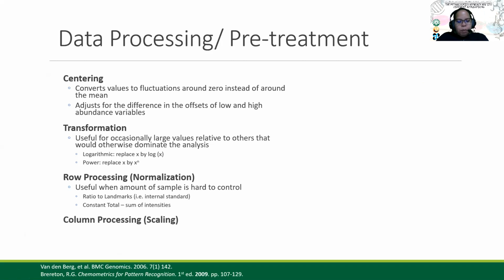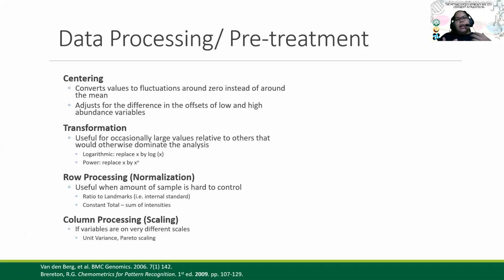Column processing or scaling is also another pre-processing step. So this allows you to ensure that your variables are placed into the same scales. Kasi 'di ba, if you have very high intensity variables, their variation across different samples will also be high compared to very small intensity variables wherein mas maliit yung variation niya.